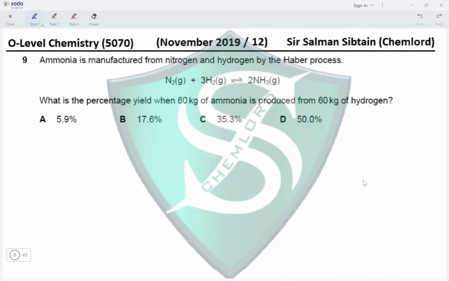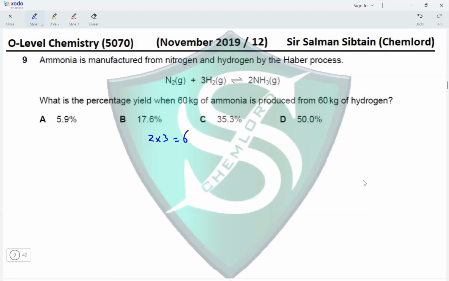They're asking us 60 kg of ammonia is produced from 60 kg of hydrogen. So in this reaction, we have the molar ratio 3 to 2. So hydrogen has an Mr of 2 because this is hydrogen gas. So we would have 2 into 3 moles, which would give us 6.